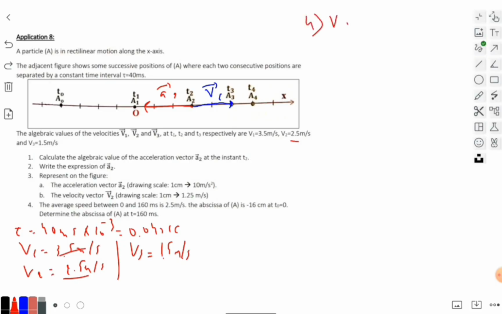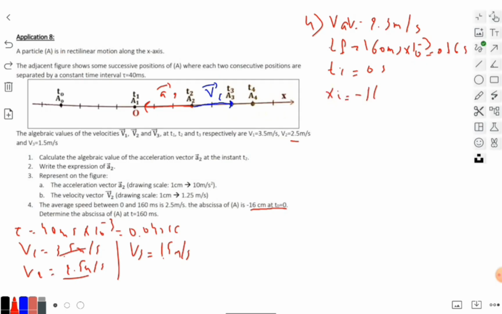So V average is equal to 2.5 meters per second, and t final is equal to 160 milliseconds. From milliseconds to seconds, times 10 to the power minus 3, it is equal to 0.16 second, and t initial is equal to 0 second. The abscissa of A is minus 16 cm at t0 equals 0, so x initial is equal to minus 16 centimeters. From centimeters to meters, times 10 to the power minus 2, it is equal to minus 0.16 meter.